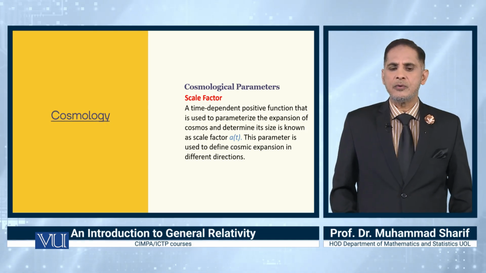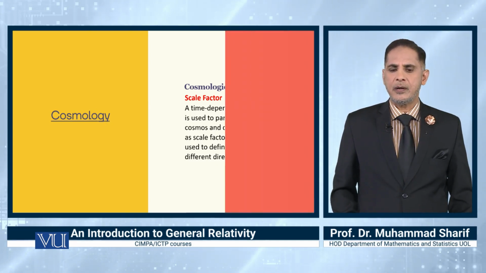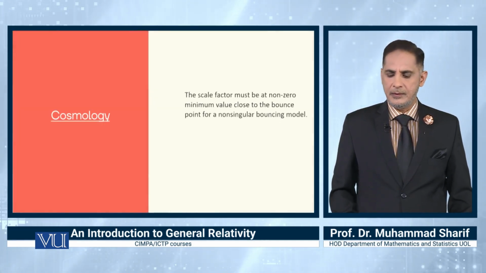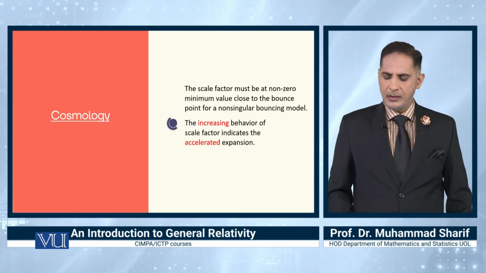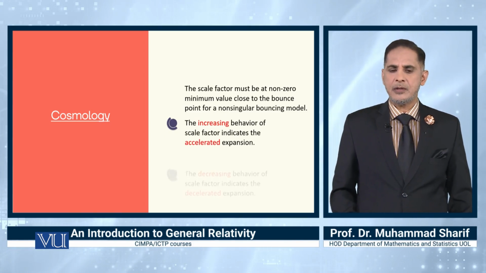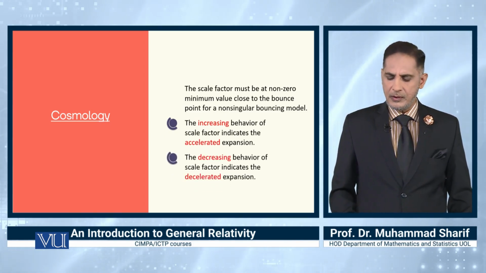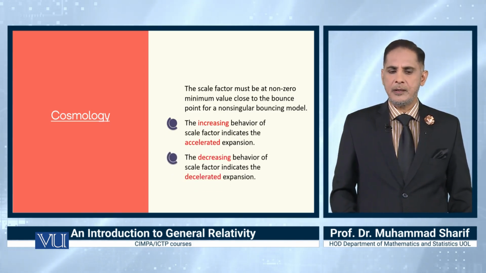This parameter is used to define cosmic expansion in different eras or in different directions. Its increasing behavior indicates the accelerated expansion, while its decreasing behavior indicates the decelerated expansion.